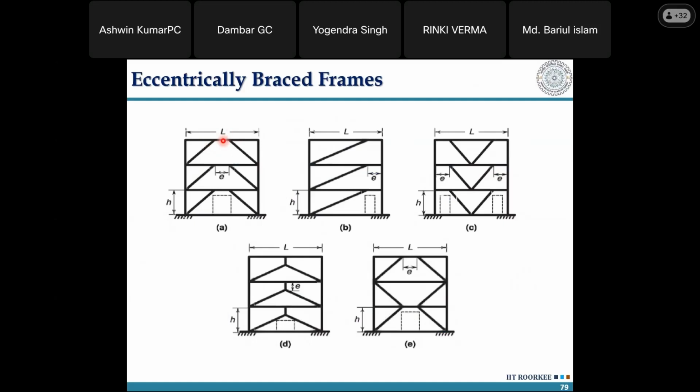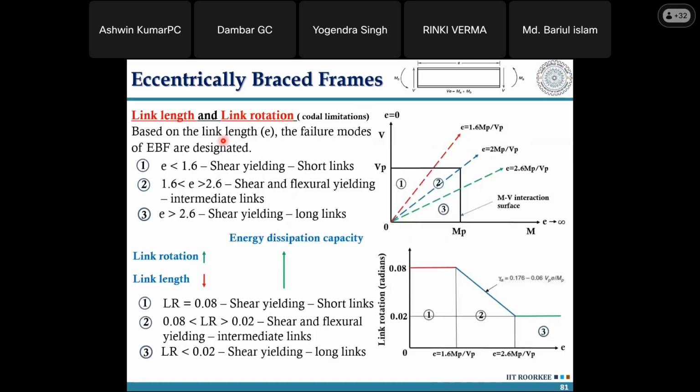If the length of the link is very large, then flexural hinges will develop. And if the length of the link is very short, then shear will dominate and shear hinges will form. So what this ratio gives us, if my length of the link is less than 1.6 MP by VP of the cross section, MP and VP is the capacity of the cross section. It may be an I section, it may be a box section.